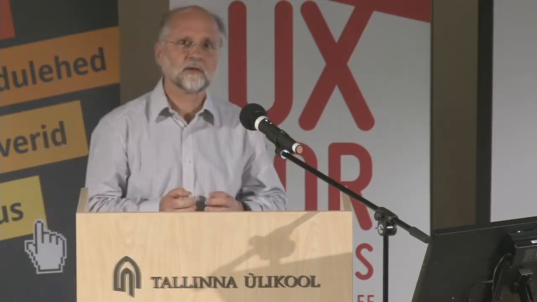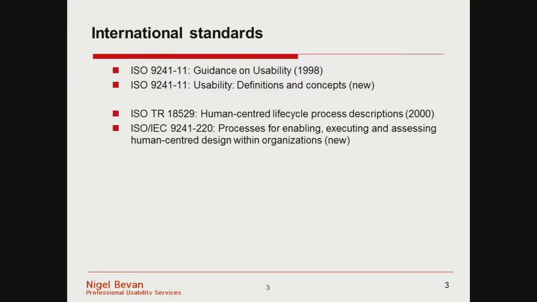I'm going to talk about several international standards today. I've worked on a lot. In particular, I want to talk about what usability is all about. There's an old standard I originally worked on, published in 1998, and we're just revising that now and trying to understand how to promote and explain a broader concept of usability than we had back in the 1990s. There's also a very important standard which defines good practice in human-centered design, and that's the 18529 standard.